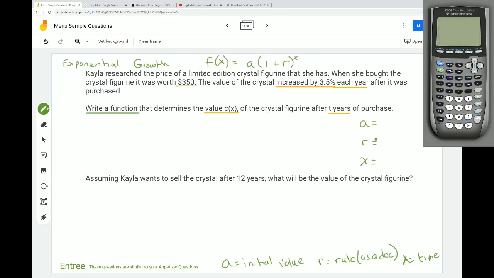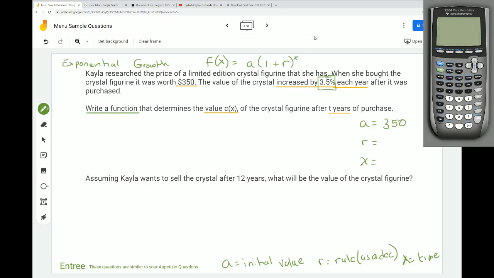So a, our initial value, would be the price when Kayla bought the crystal figurine. So she bought it at $350. Our rate is 3.5%. Now I'm going to circle this right here. Remember, 3.5%. Now, when we write our rate, we don't want it in percent form. We want it as a decimal.